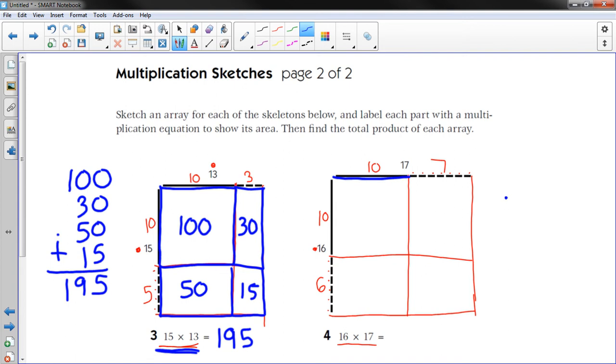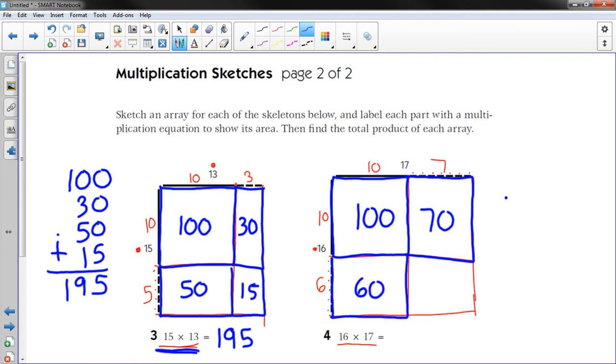So 10 times 10, that's 100. 7 times 10, that's 70. And then the lower left-hand corner, 6 times 10, that's 60. And the lower right-hand corner, I have 6 times 7, and that is 42.